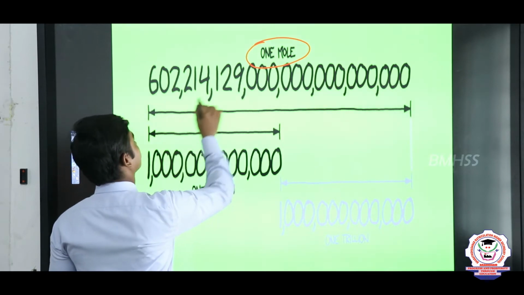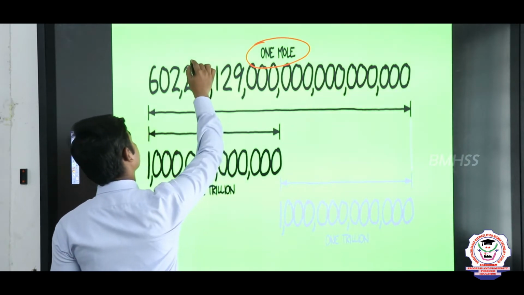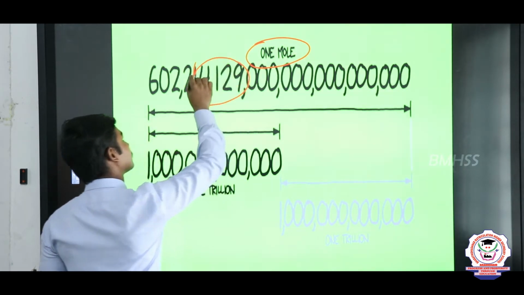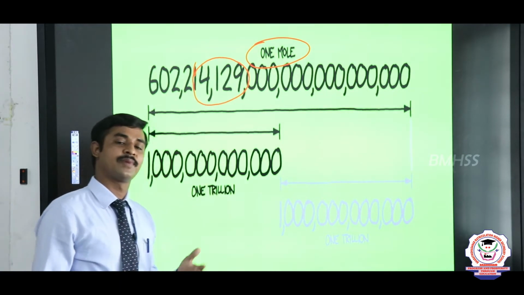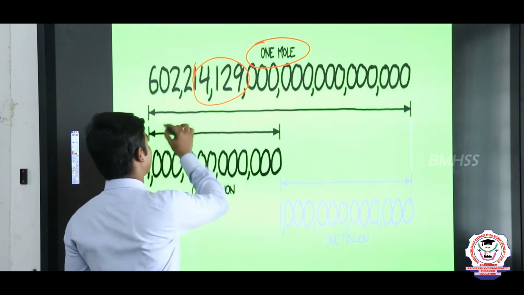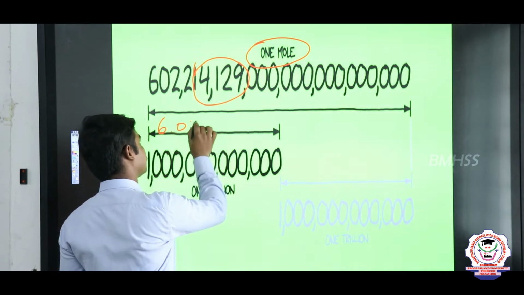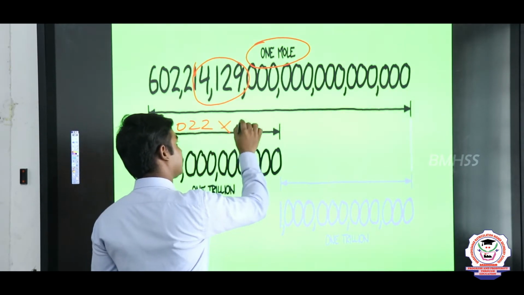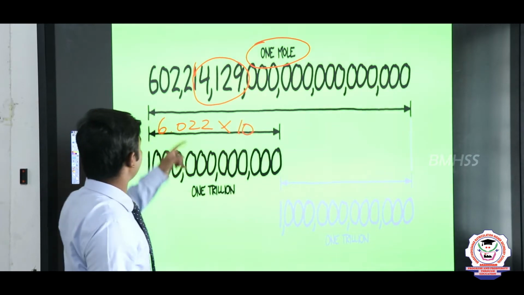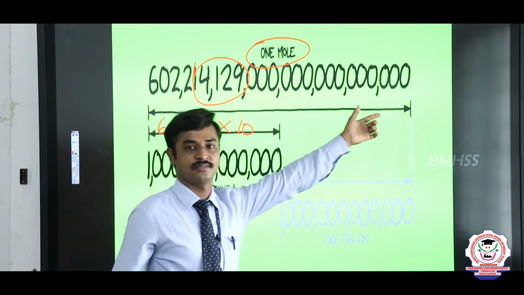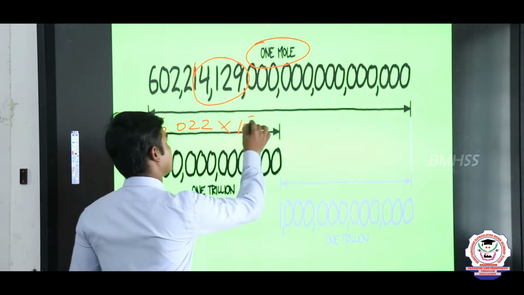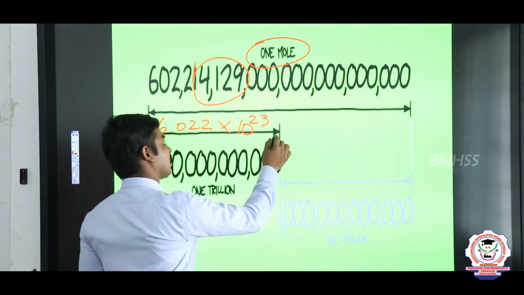We can round off these values, neglecting the smaller digits mathematically, so finally we get 6.022 into 10 to the power of 23, with 23 zeros.